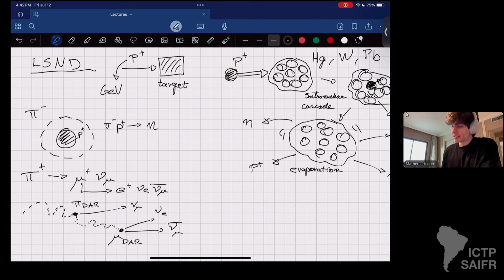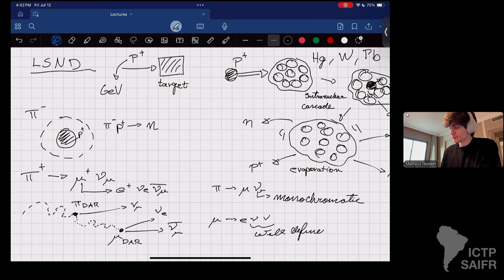And this is really great because pions, when they decay at rest, give you a monochromatic source of nu mu's. And the muons, when they decay at rest, give you something that has a well-defined spectrum that is very well understood.